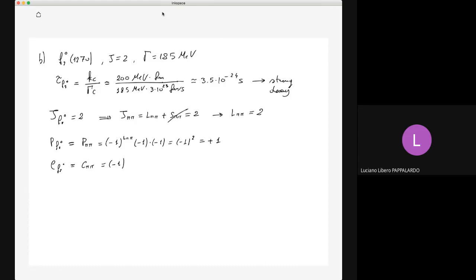So this is (-1)^L_ππ. We don't have a spin component in this case because we are talking about pions. And so this is (-1)^2, so this is +1. And so in this case, the result is J P C of the f2 equal to 2 plus plus.